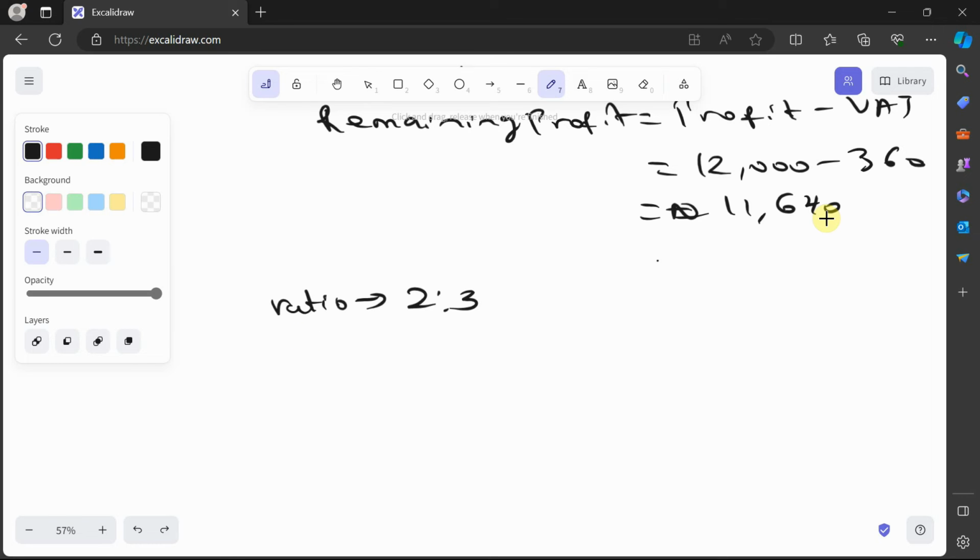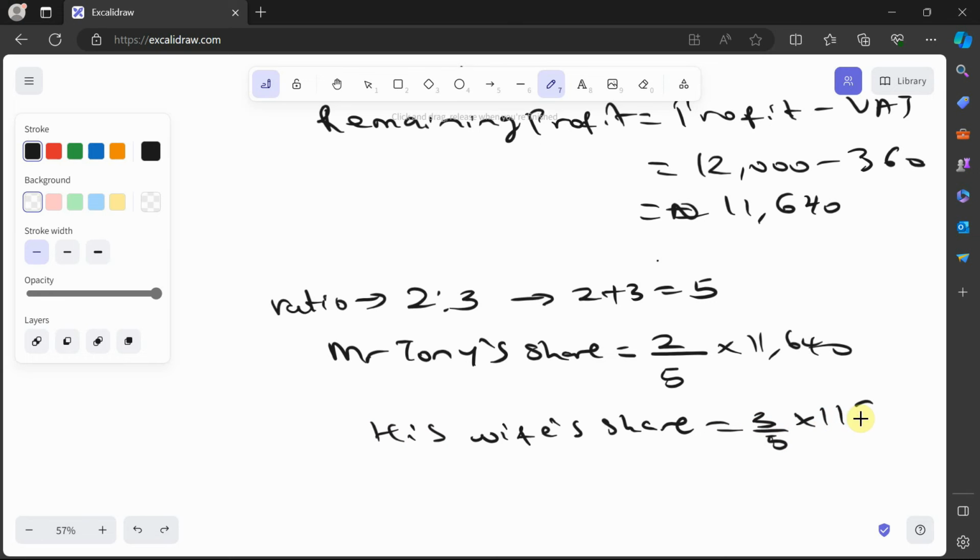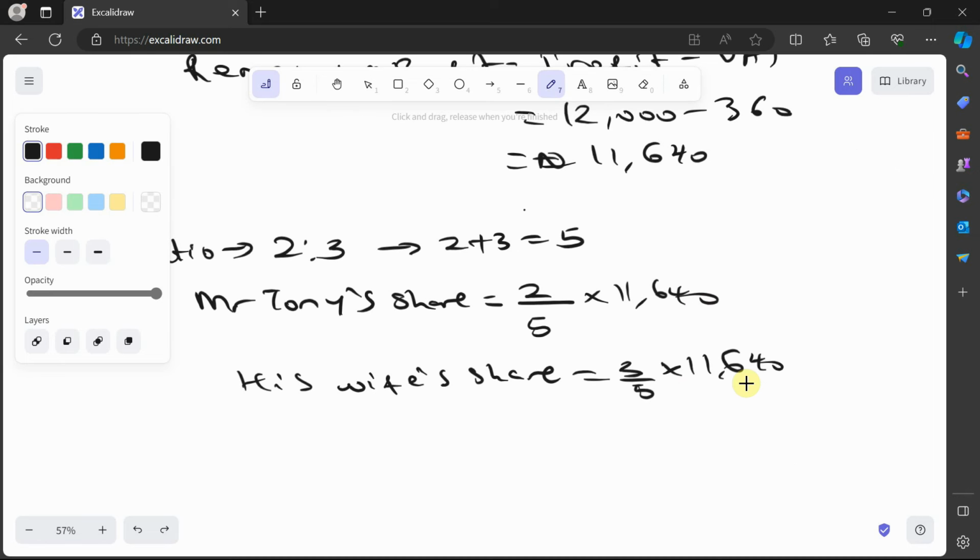Let's do that. Mr. Tony's share will be 2 all over the addition of both, so 2 plus 3 will give me 5. So that will be 2 over 5 times 11,640. And then his wife's share will be 3 over 5 times 11,640. Let's solve this together. So that will be 2 divided by 5 times 11,640, and that gave me 4,656 naira.